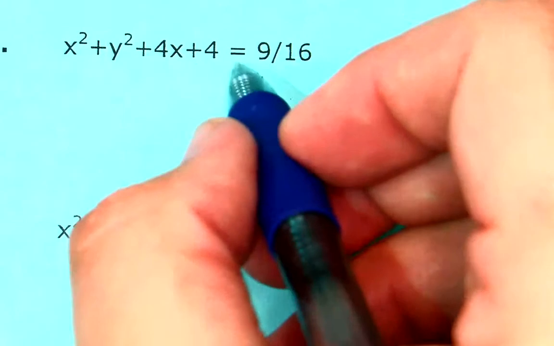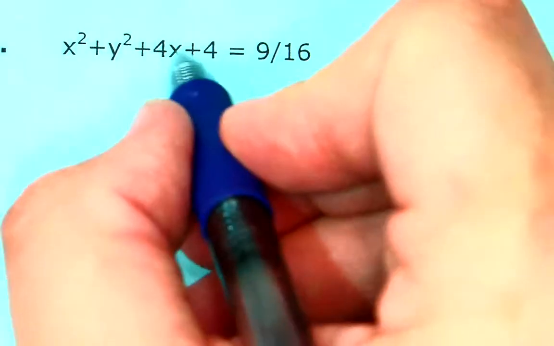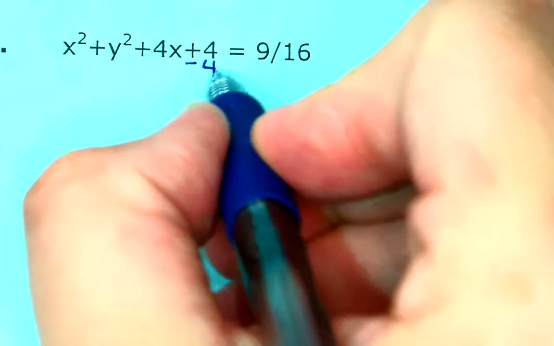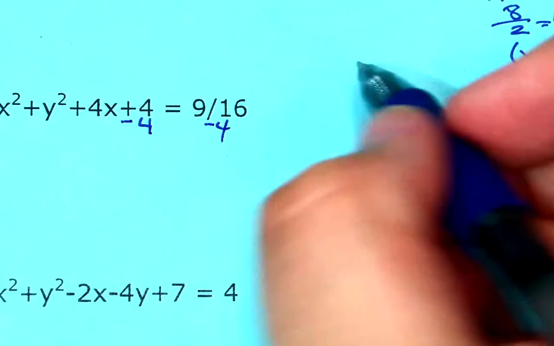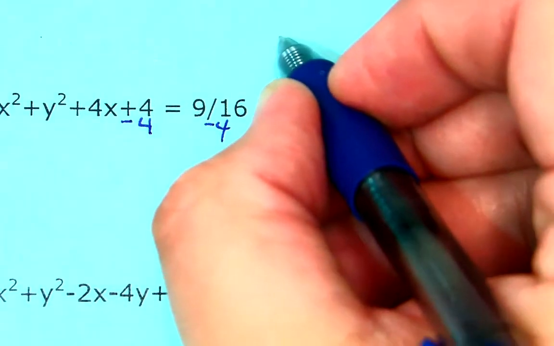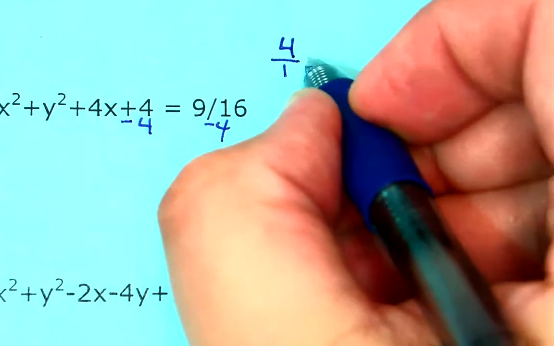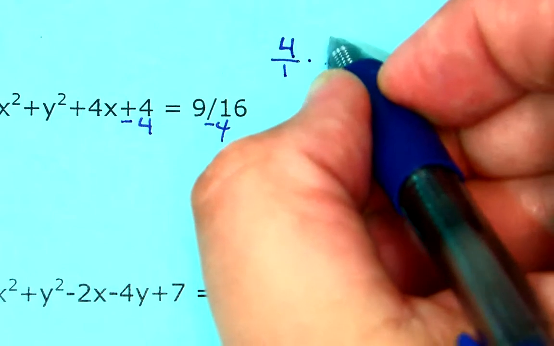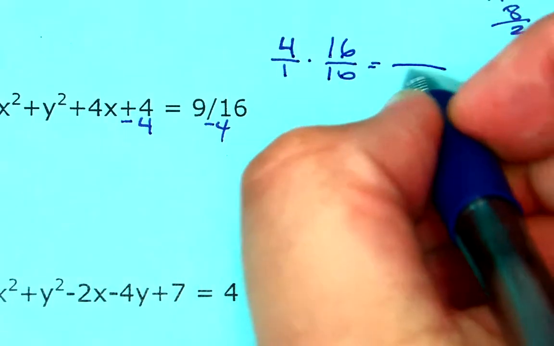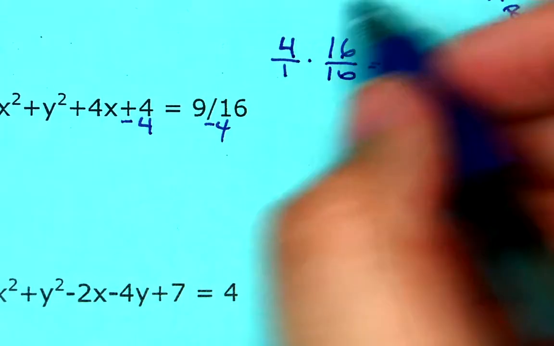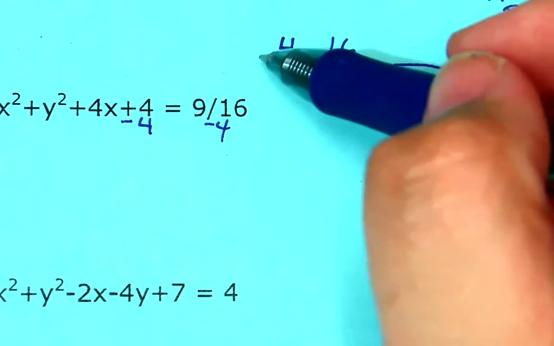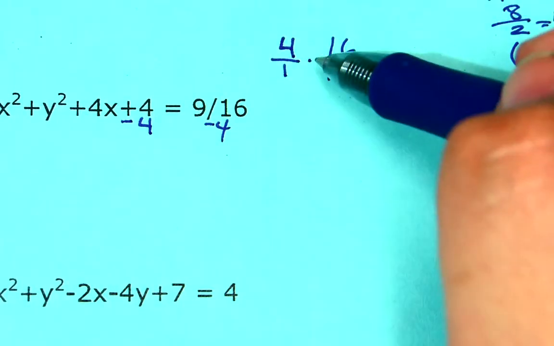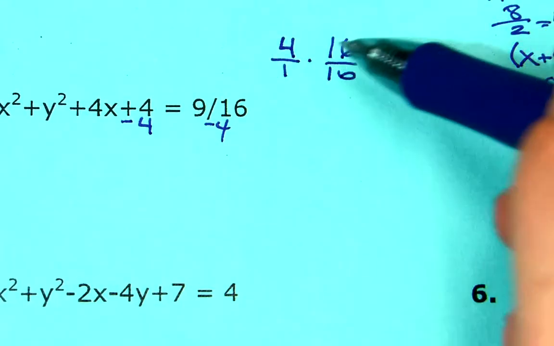All right, now, everything's in terms of 16ths. So if I'm going to subtract 4 from both sides, I have to say, all right, 4 over 1 times 16 over 16 is going to give me 16ths. So this is what I have to multiply in order to get my equivalent equation.